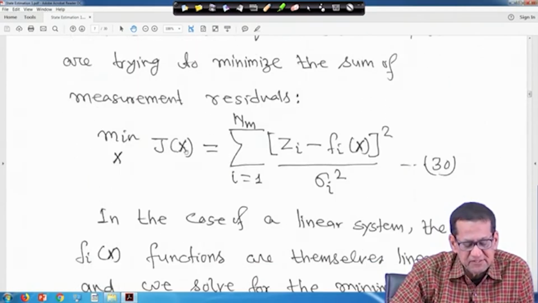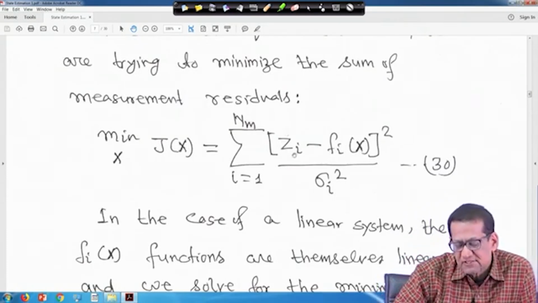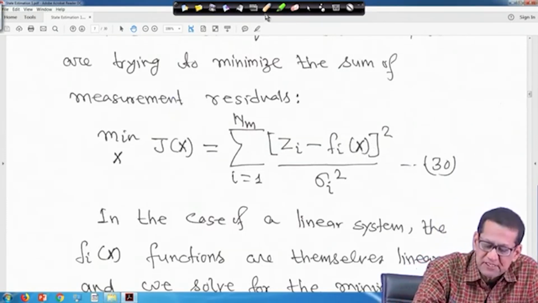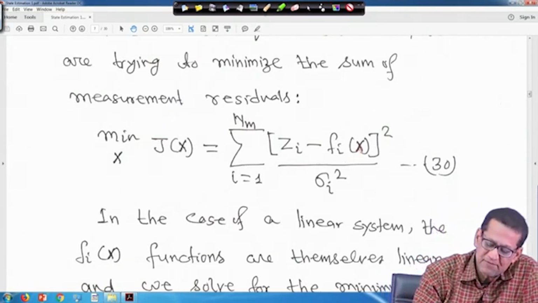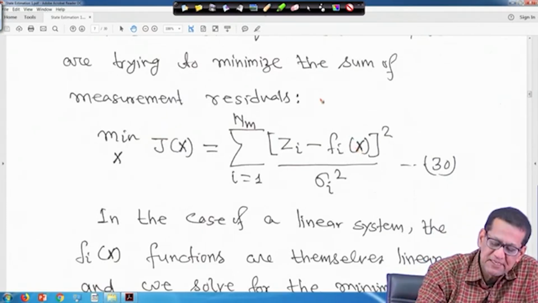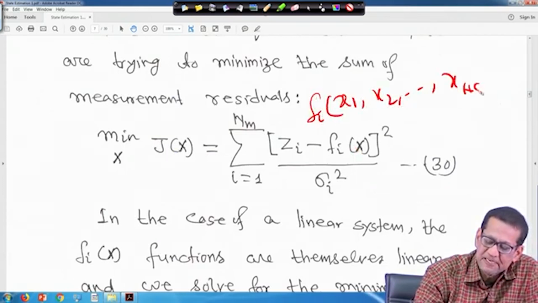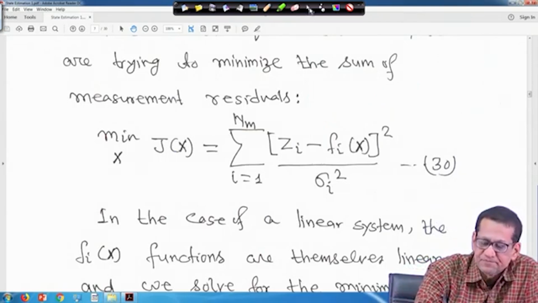So, we minimize J(x), the sum over i equal to 1 to nm, where nm is the number of measurements, of (z_i minus f_i(x)) squared, divided by sigma_i squared. Here x is a vector, so f_i is a function of several state variables, x1, x2, up to xn.